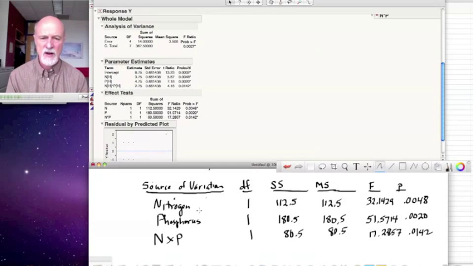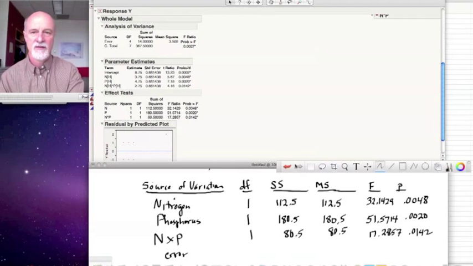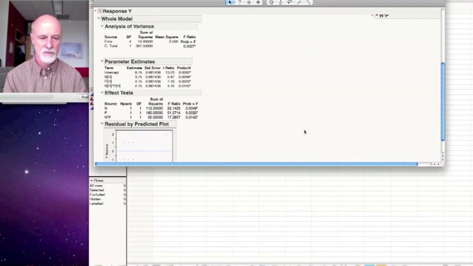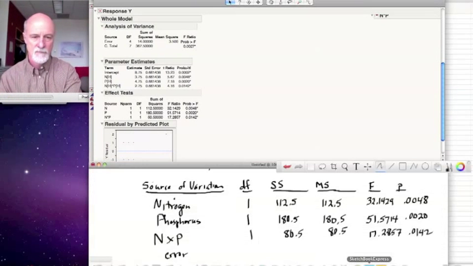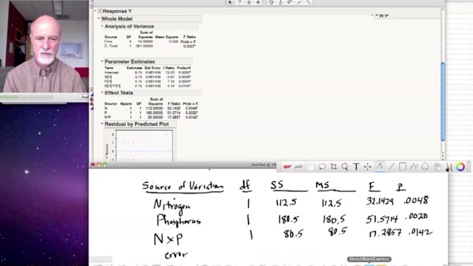Okay, now we're not quite done. We have one more row to put in a complete ANOVA table, and that's the error term. And we find that actually by going back up to the analysis of variance table up here, where we see that we had 4 degrees of freedom for the error.